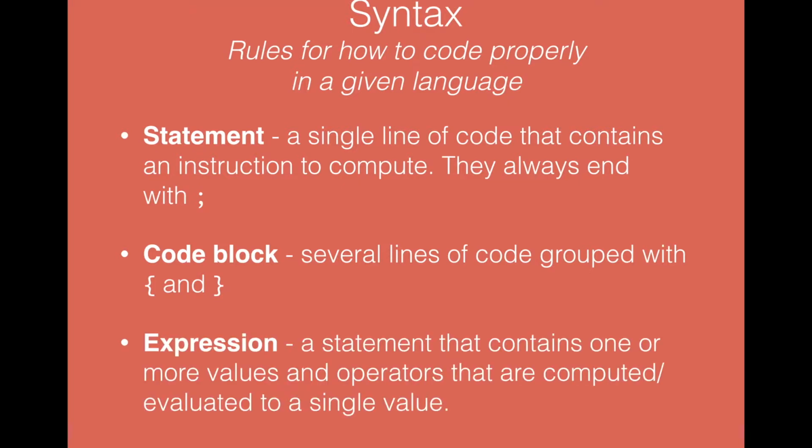And then we have expressions. Expressions are statements that contain one or more values and operators that are computed or evaluated down to a single value. I realize that the wording here is not as fine-tuned as it could be, and that we should not have used the word statement there, because the statement is really something we covered in the first bullet as a very distinct thing.